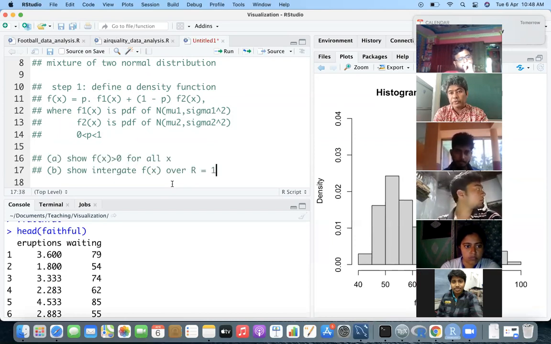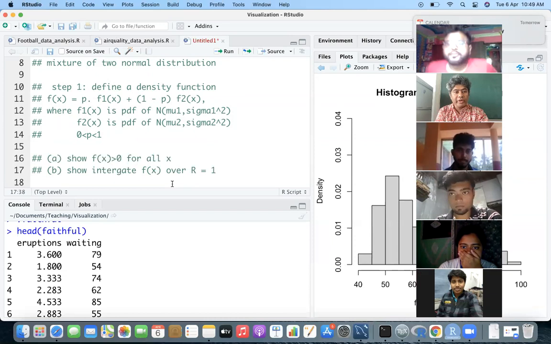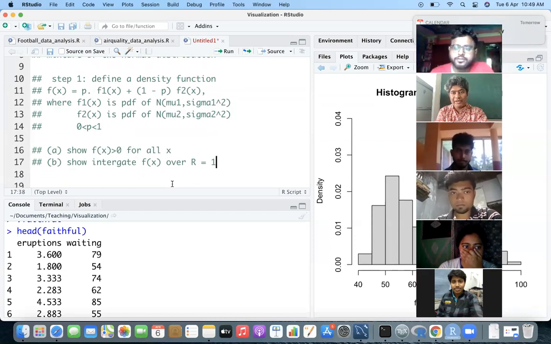That is all you have to show. If you show these two things, you are all set. And you should be able to show these things. I'm leaving it for you to check. Okay. Acha.